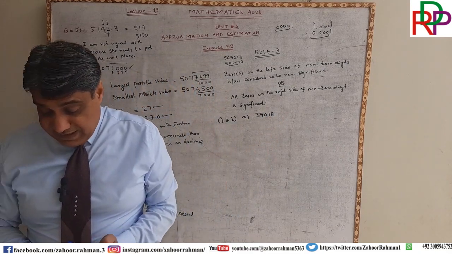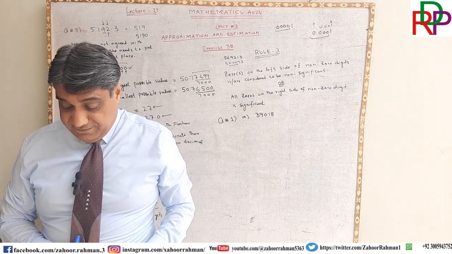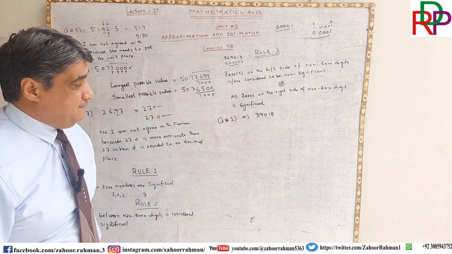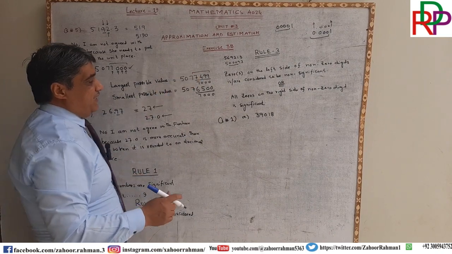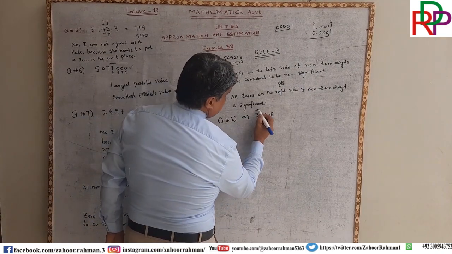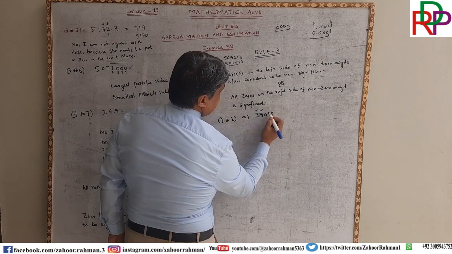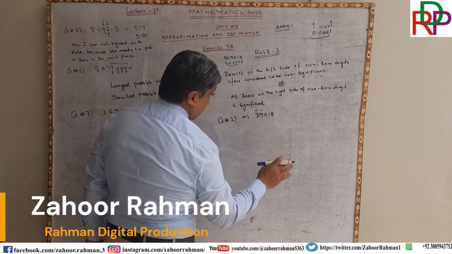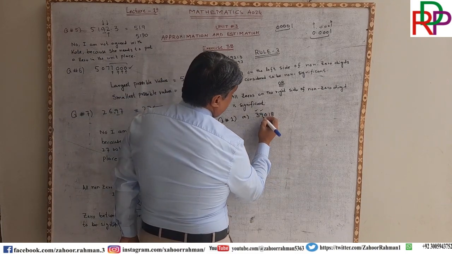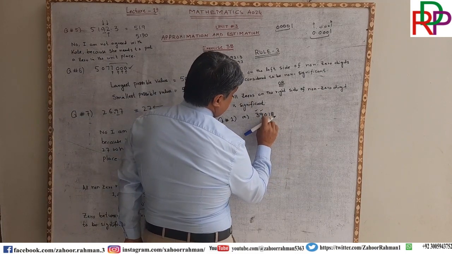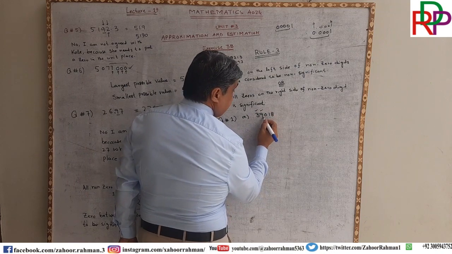What are they saying? State the number of significant figures in each of the following. Keeping these rules in mind, this one is significant, this one is significant, the 0 is significant because according to the rule, the 0 is occurring between non-zero digits.